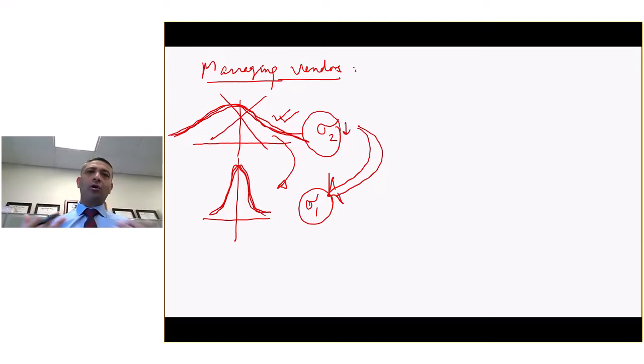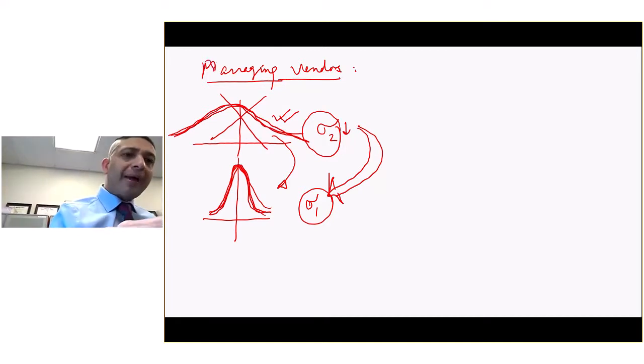Oftentimes there's a lot of to and fro travel between suppliers and manufacturers to ensure that both parties understand expectations clearly. Sometimes there are shared governances, sometimes shared technology, shared infrastructure, and so on and so forth. All of that is in trying to improve the supplier. So that is what managing vendors is about. That is one piece of the puzzle.